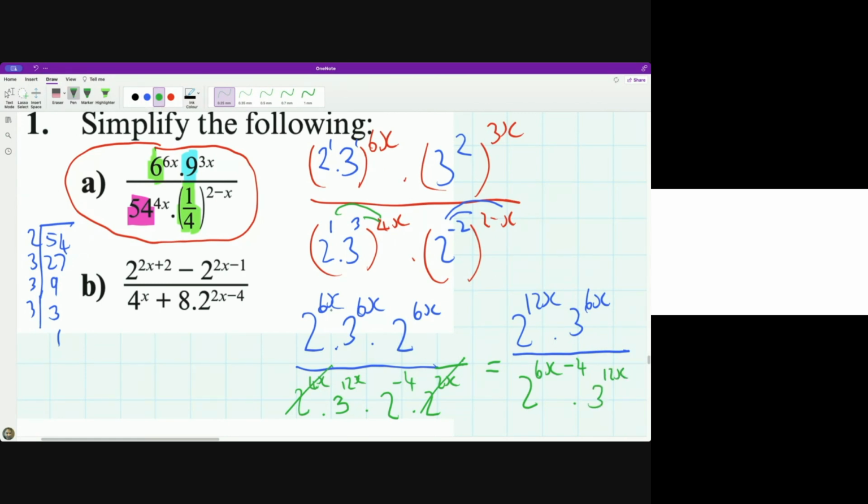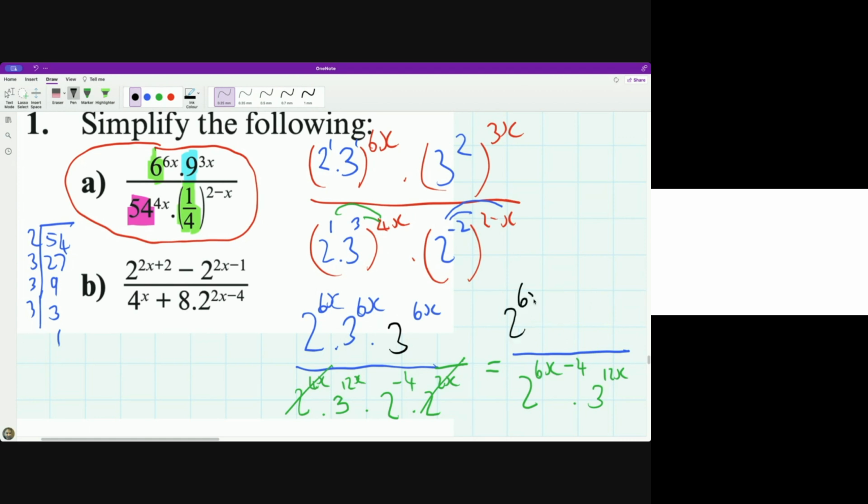Why did I change the 3 to a 2? Ooh, let's have a look. Did I get excited here? Ooh, I just made stuff up. Well done. This should be a 3 to the 6x. Did I change anything else there? No, that's good. Okay, so let's do that.